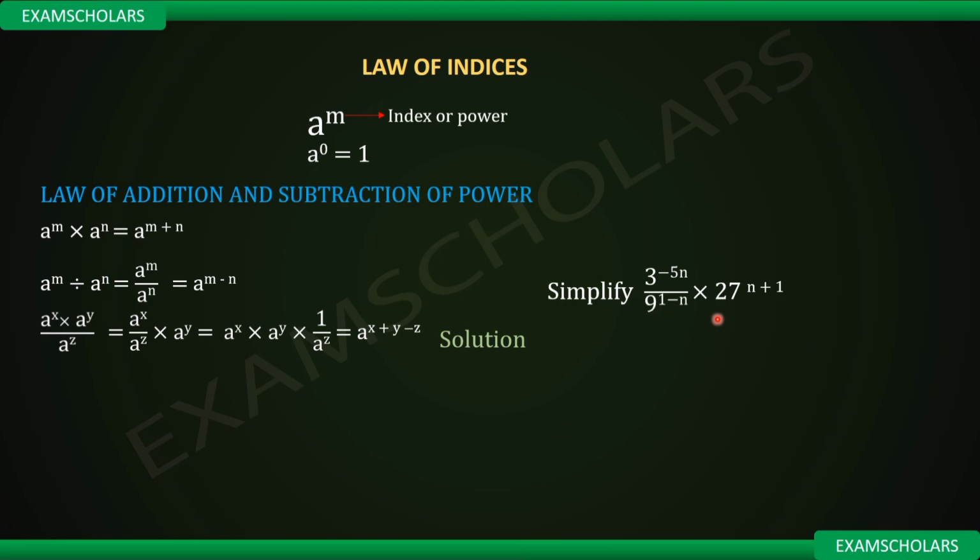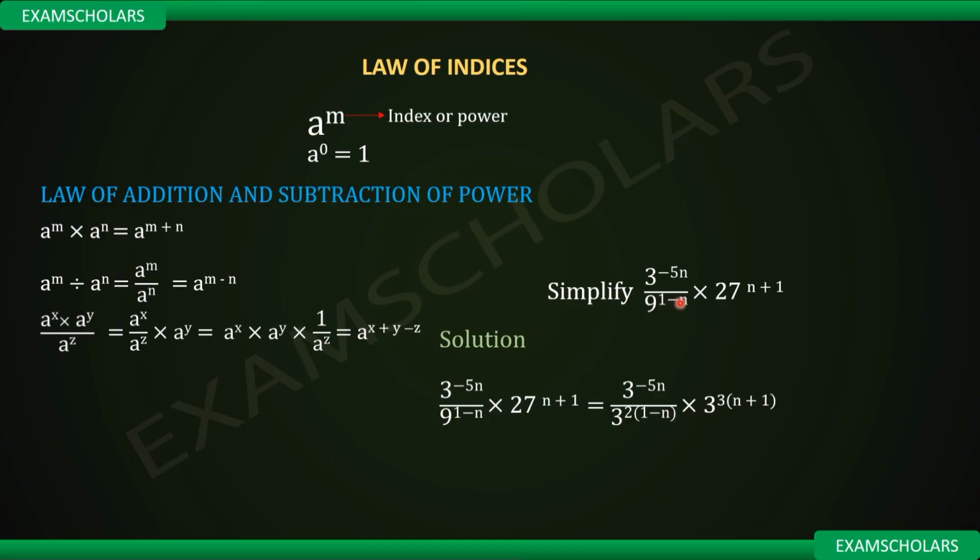Yes, let's do it. You have 3 raised to power minus 5n, and you have 3 raised to power 2. This 9 has turned to 3 raised to power 2. Now, this 9 has its initial power, which is 1 minus n. So these two will multiply 1 minus n.